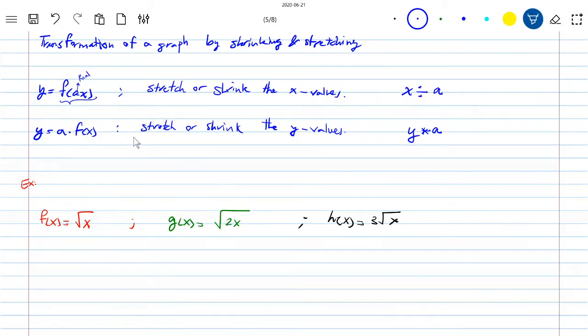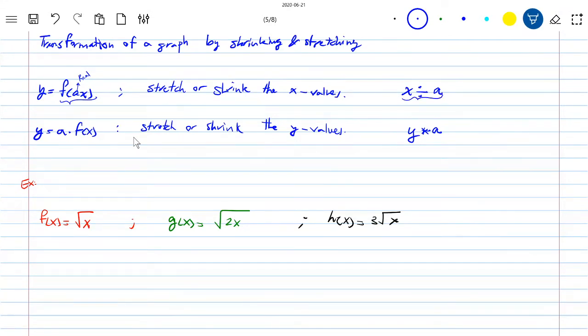If that happens, remember if we added a number inside a function, it caused the horizontal shift in the opposite direction. So if we multiply a number, it affects the x value, but in the opposite order. All the x values will get divided by that specific constant.